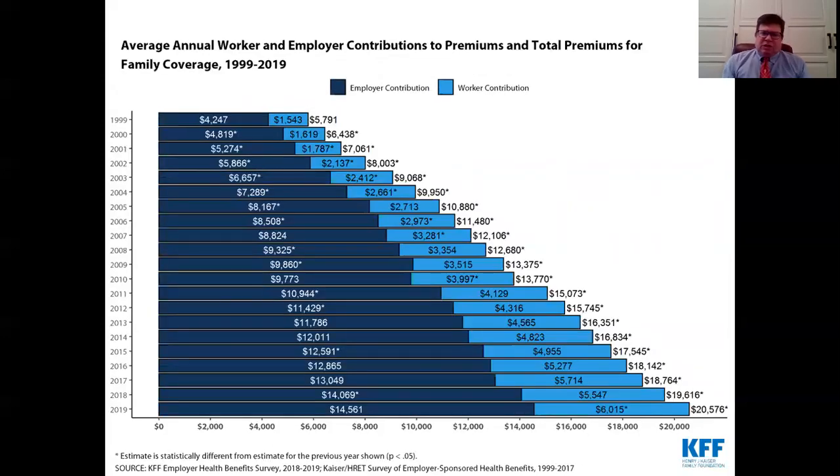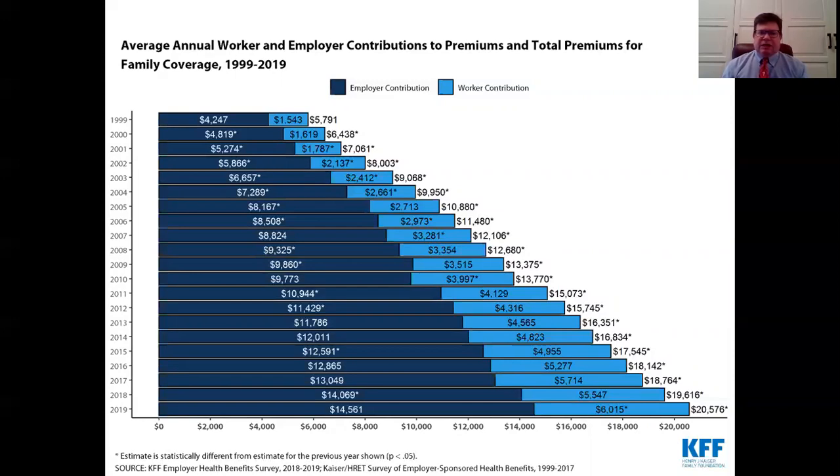Now, what's interesting here is that these costs typically have been borne more by the employer than they have by the individual. But as health insurance becomes more expensive for private firms to offer their employees, they have shifted some of the cost away from themselves towards the employee. So the light blue in this chart is the worker contribution, and the darker blue is the employer contribution.